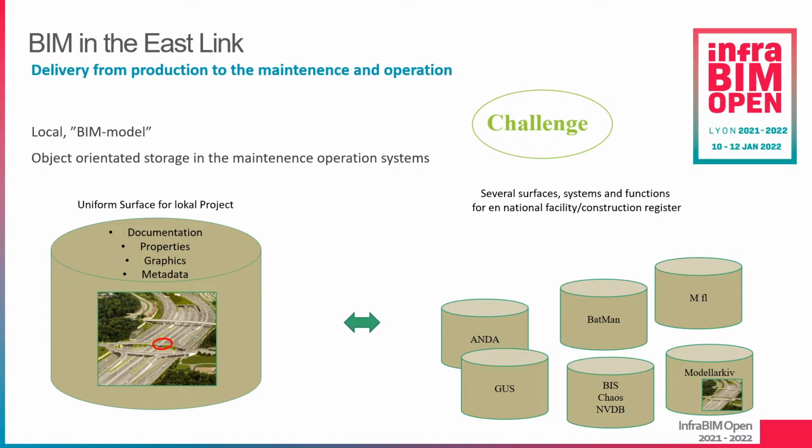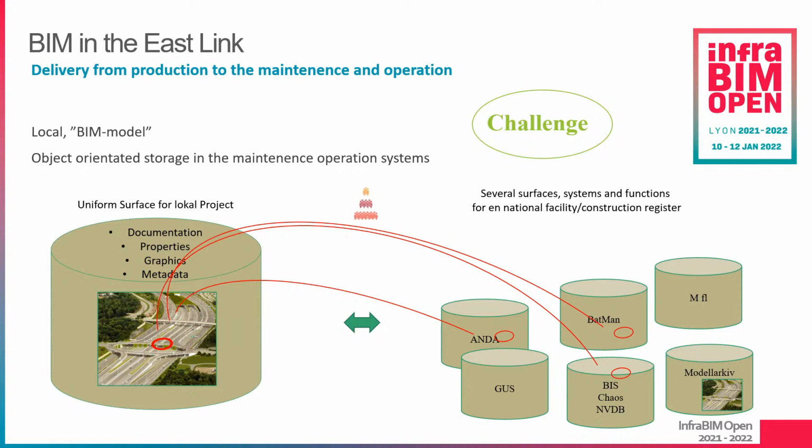It is very important to work with a coordinated information structure, as we already do now in the Eastlink project. But we are not, of course, done. It is even more important to continue working through the whole information life cycle and all the way to the different maintenance systems.